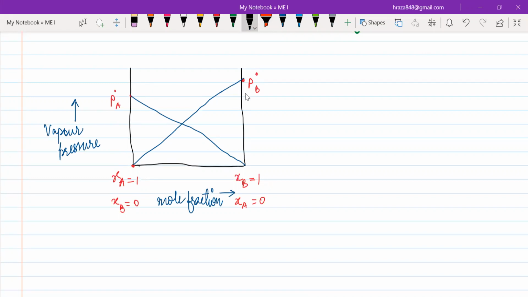So see, this is your PB, that will be equal to P naught B x B, and this is PA equal to P naught A x A. And if you add these, this will be your PT, that will be equal to PA plus PB. Please do write.